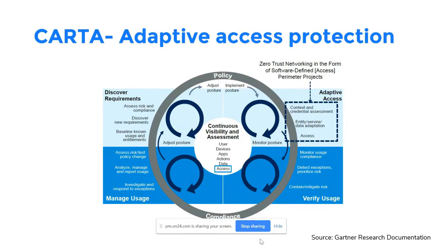That's the whole idea of CARTA, the model that we recommend. This is a model that's recommended by Gartner. We follow suit as well. It seems to be the most logical approach towards identity security. You look for a solution that is continuous, that is adaptive, because when it comes to identities, they're never the same. You cannot do a spray and pray approach. You will need something that is very pointed.